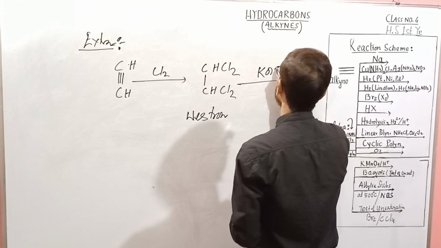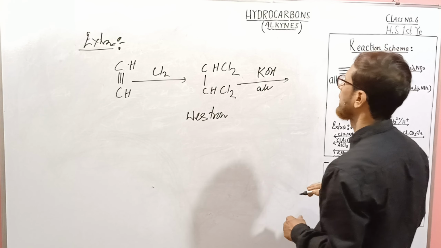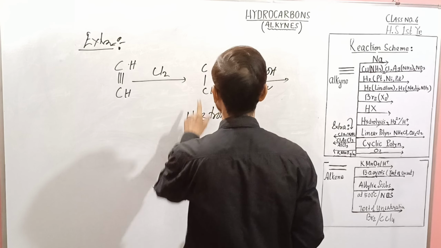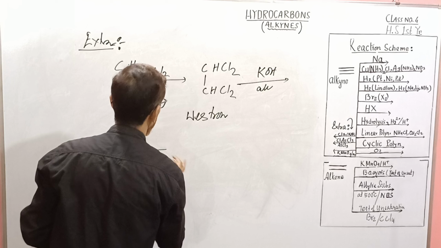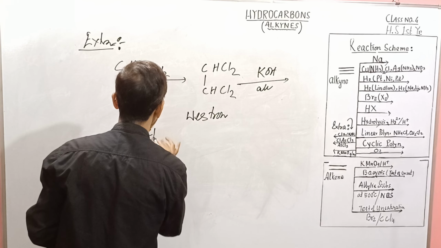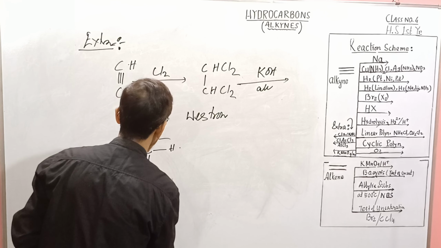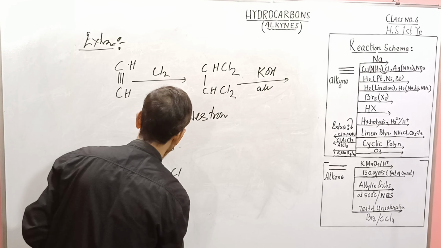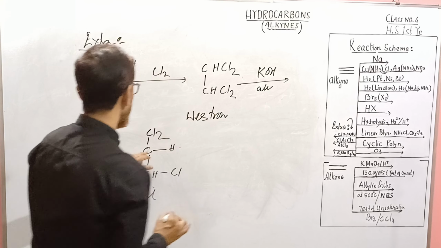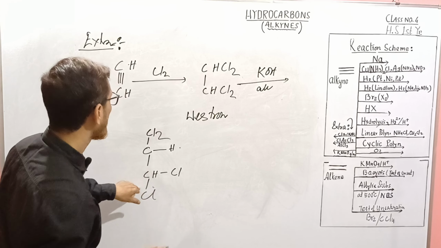And when you use alcoholic potassium hydroxide, what does alcoholic potassium hydroxide mean? Here in the structure you are getting chlorine in this way. I can write this one as CHCl2 and CHCl2.